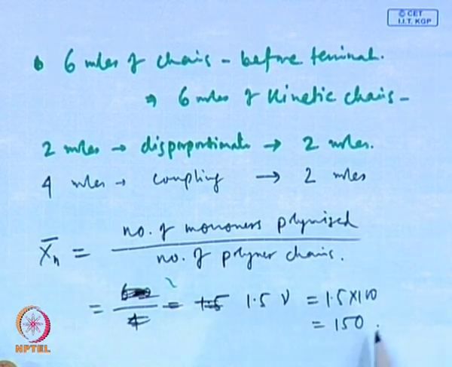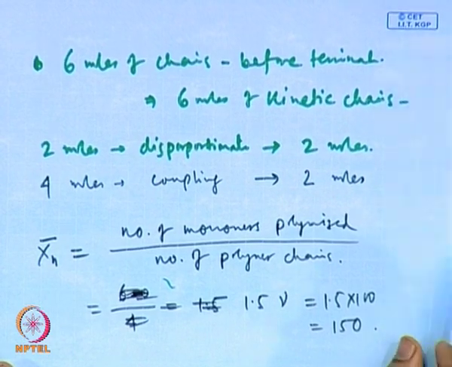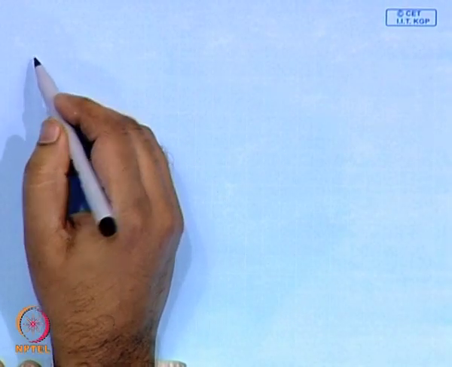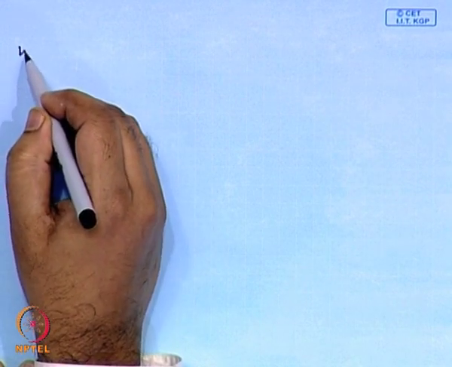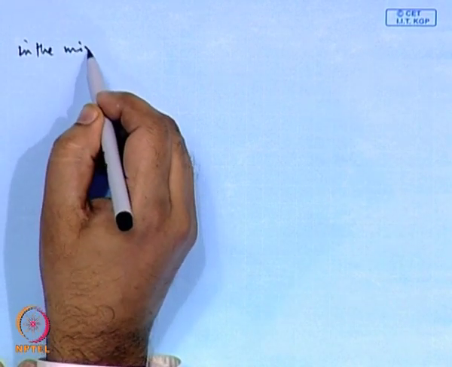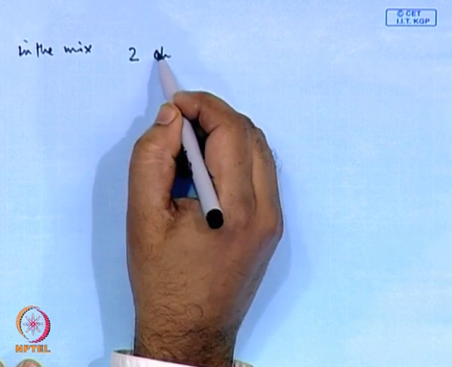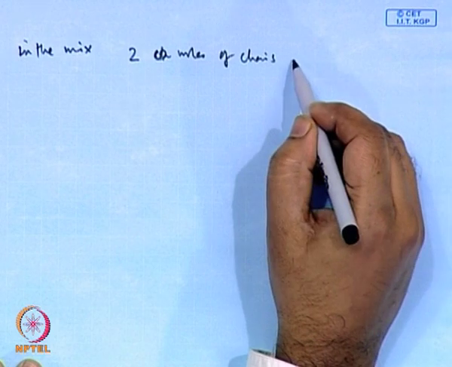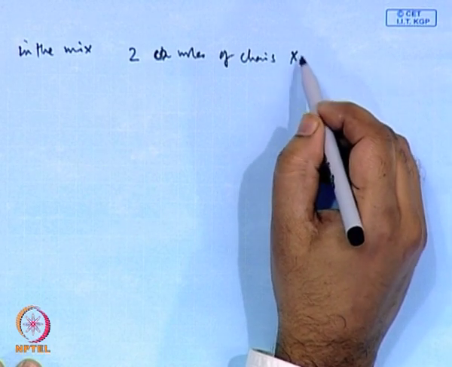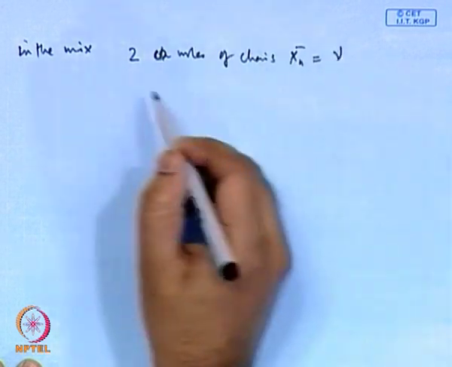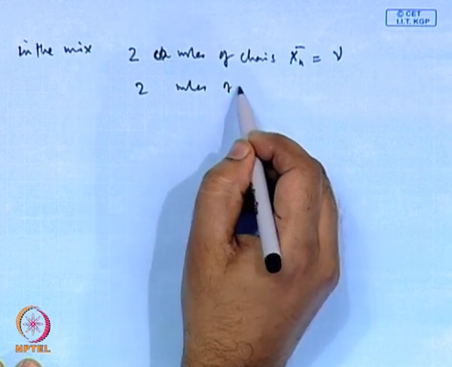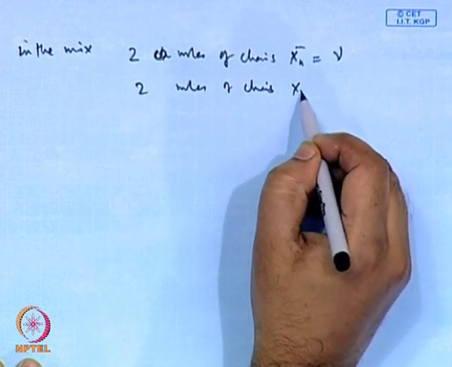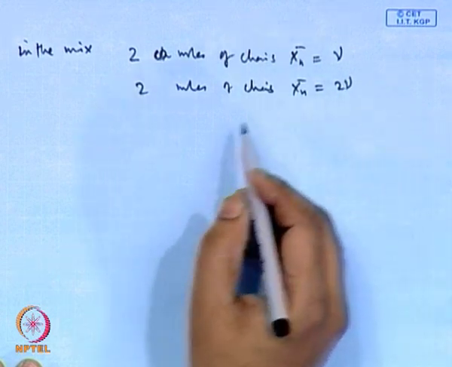You can get the same number if you consider how many chains we have in the mixture. In the mixture we have 2 moles of chains with Xn bar of nu, and 2 moles of chains with Xn bar of 2 nu.